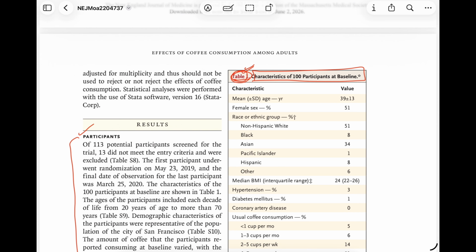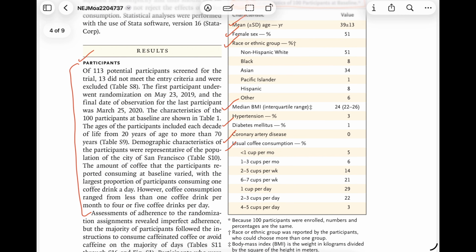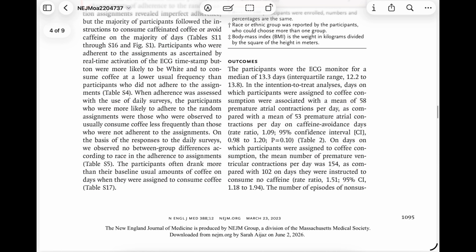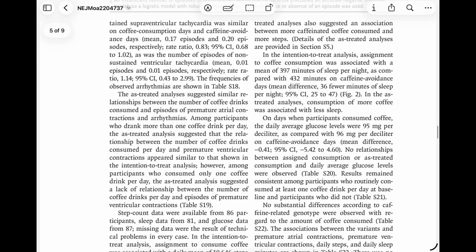So here they gave you the mean of their age, their gender, race, and all of their baseline characteristics, right? So it's very helpful if you're extracting data for your baseline table for meta-analysis. Okay, and it also gives you outcomes, and all the numbers and figures live here basically.